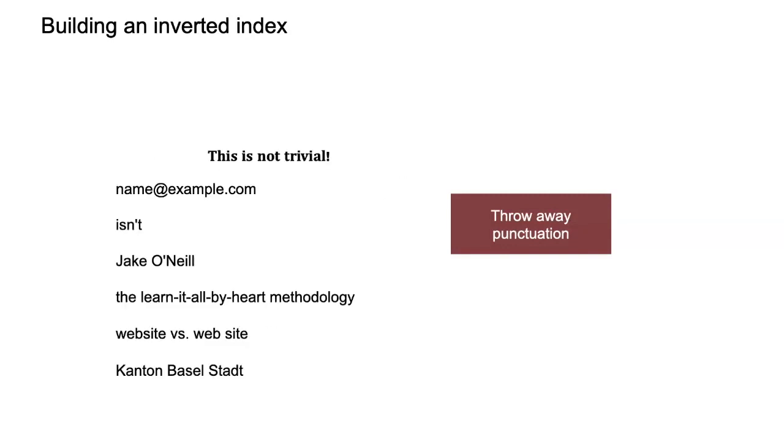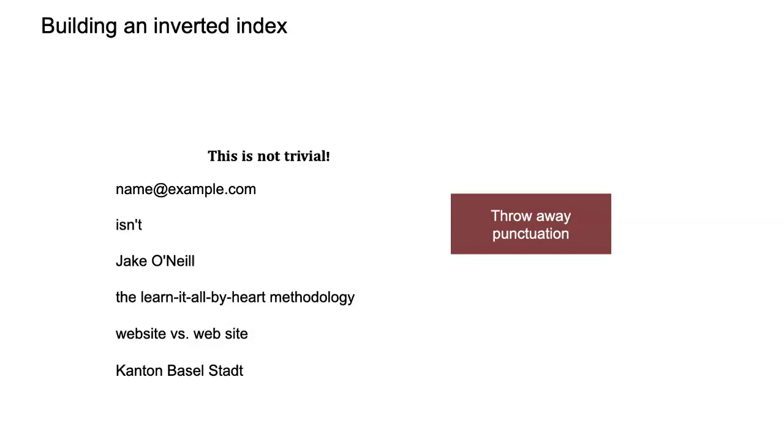But that's already a first problem, because if you do that, you quickly realize that it doesn't always work. The first thing that could happen is that the point was actually part of an email address. And the email address, you probably do not want to tokenize. You want to have it as a single token, and you want to preserve the point.